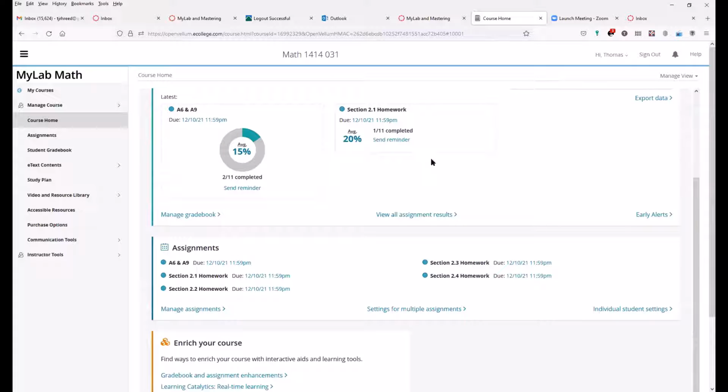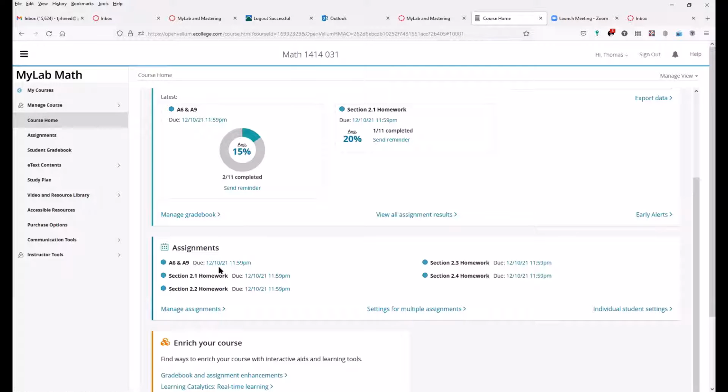For me right now, this is meaningless because only a few people have access to it and only a few people have started it. And if you haven't finished a homework assignment, it's going to show it like that. And some people have gotten into an assignment and then clicked back out, so it shows that as a 0 for my reckoning. But don't worry about zeros in the homework because you can always make them better.